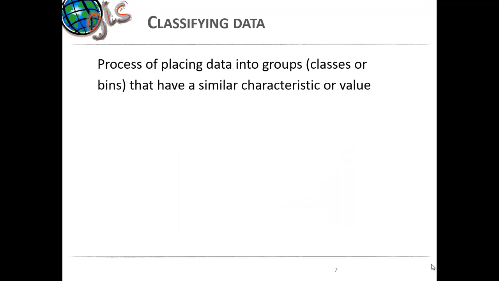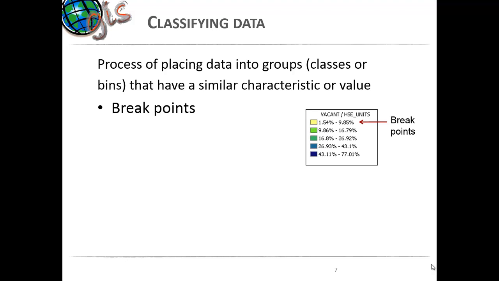The main step in creating a thematic map is classifying data, which is nothing but placing data into different groups that have similar characteristic values. These we call breakpoints. What breakpoints mean is they break up the total attribute. You take, I don't know, maybe 1600 counties in the US, something like that.